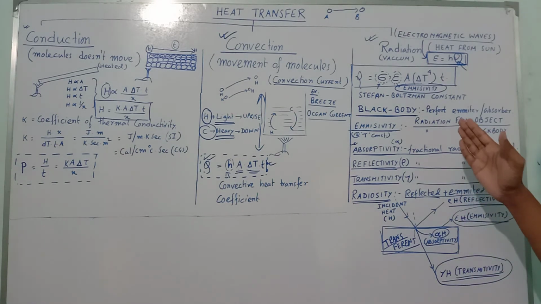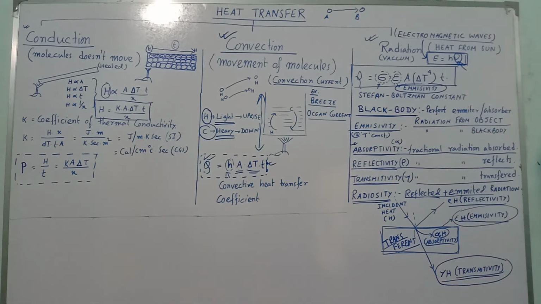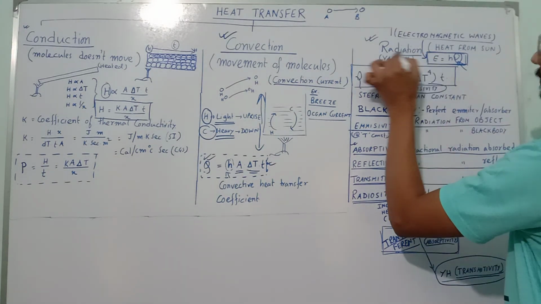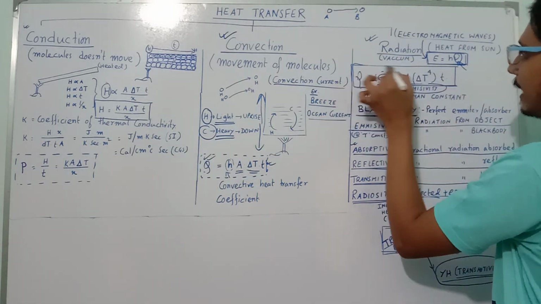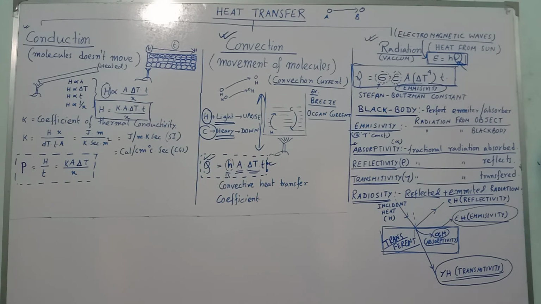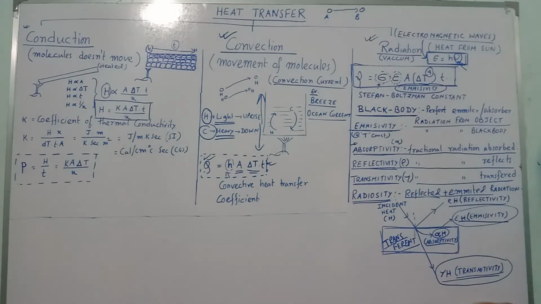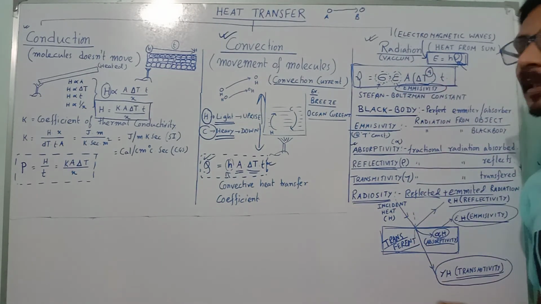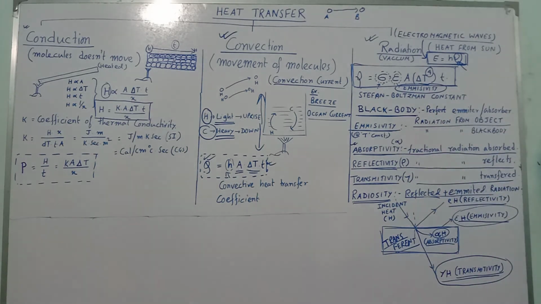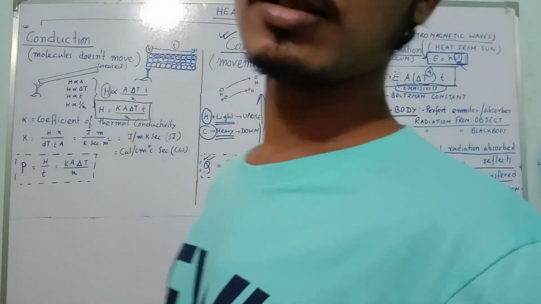So these are the important terms related to radiation, and the radiation heat is given by Q equal to sigma epsilon A delta T to the power 4, that is, temperature to the power 4. It's a huge quantity, and into small t, where t is the time of the radiated heat transfer.